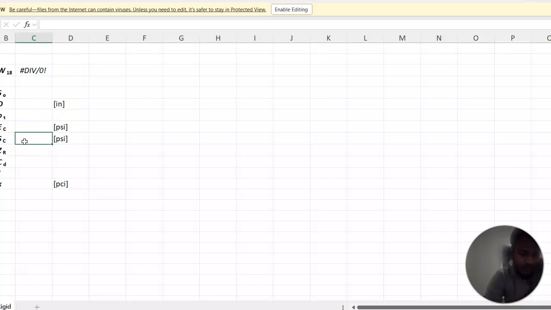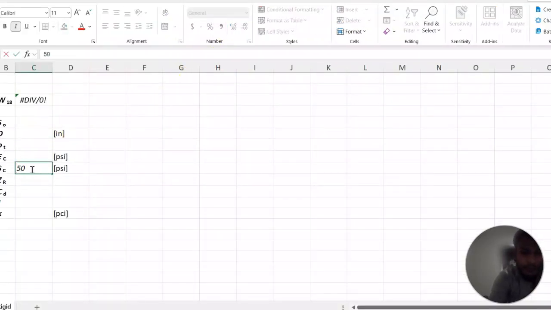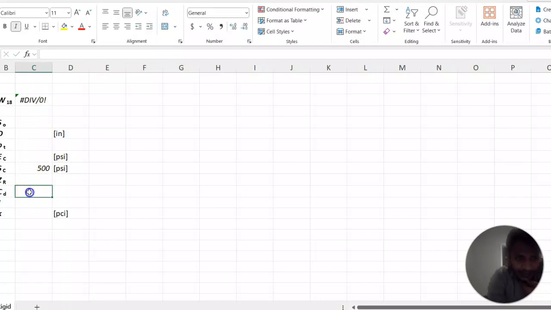For Sc we have the modulus of rupture, 500, and we have Cd, which we are taking as 0.80 due to the poor drainage.